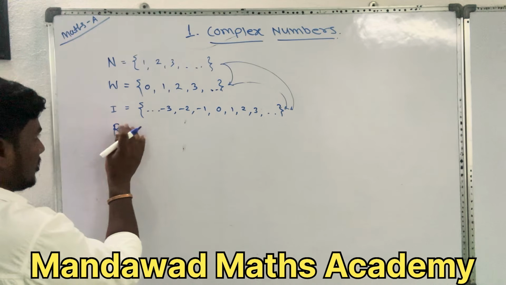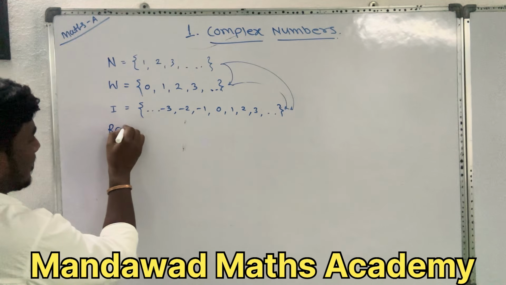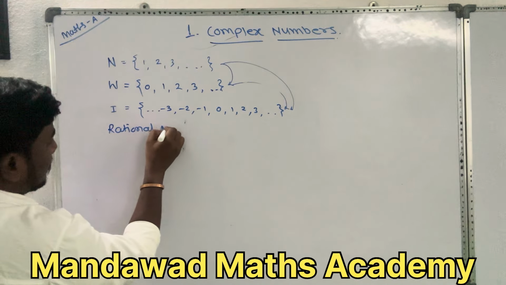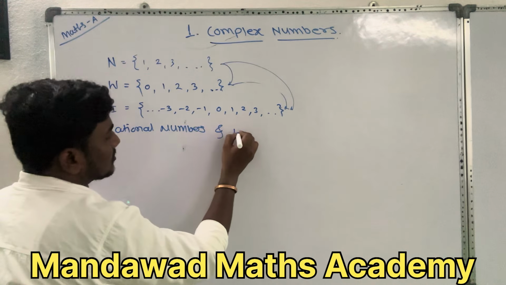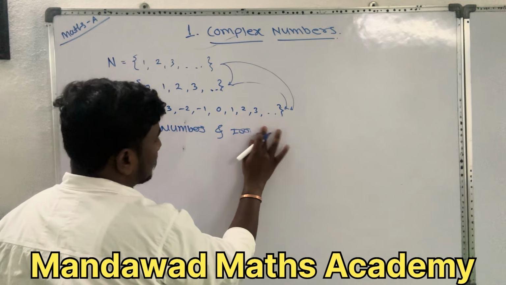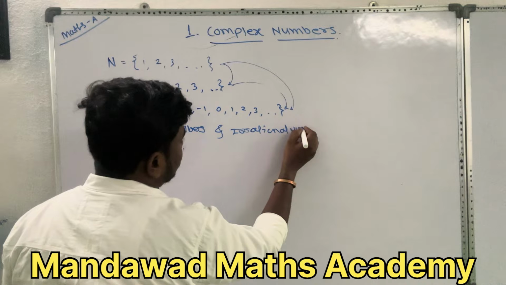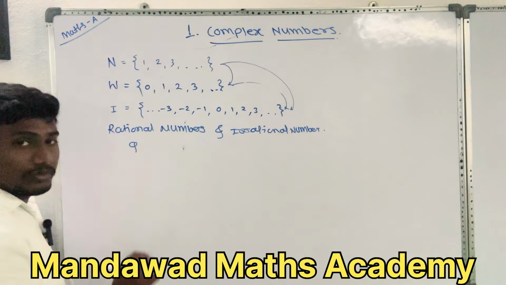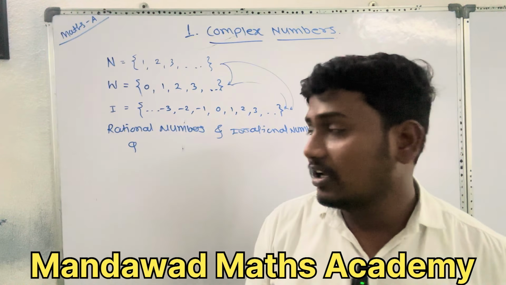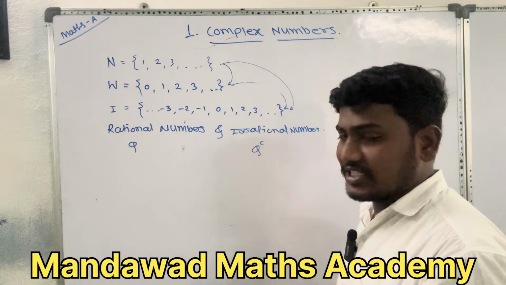First you can write rational numbers and irrational numbers. Rational numbers are generally denoted by Q, and irrational numbers are denoted by Q complement.